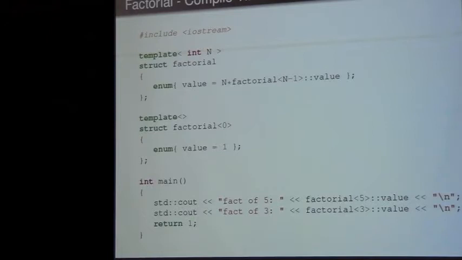I want to be able to have the template parameter be an int for factorial. And what am I going to do? Value equals n times factorial of n minus 1, and then its value. So factorial of n minus 1's value, which is whatever it worked out to be, times n. So we have this recursive thing, right?